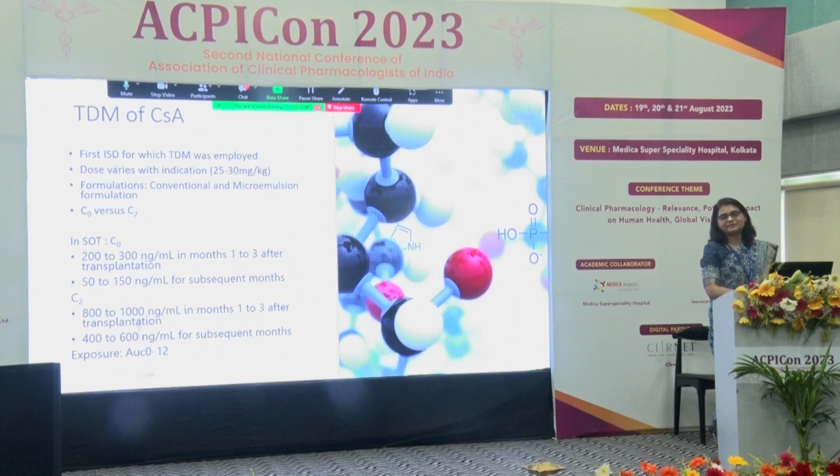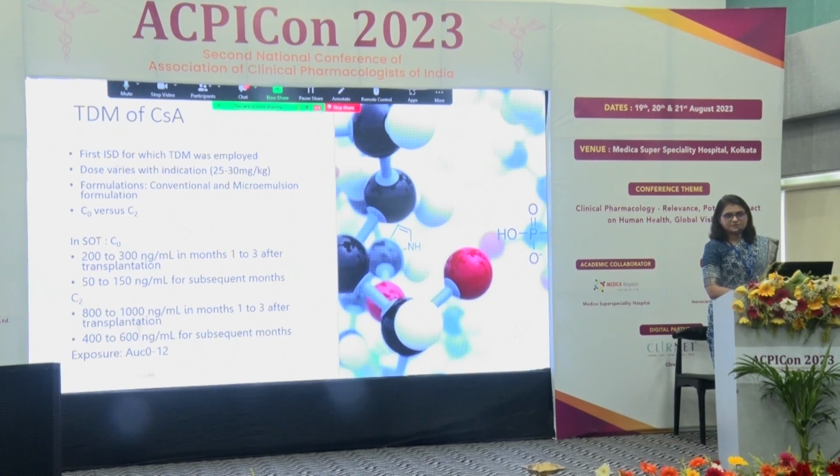I remember somebody in the last TDM education class asked this question. I went back and looked it up, and I stay with my answer, which I think is close to the truth, that there is no consensus about C0 and C2. For all we know, C0 is the time-tested marker, though some studies say that C0 may not be an indicator of efficacy or long-term outcome in these patients.